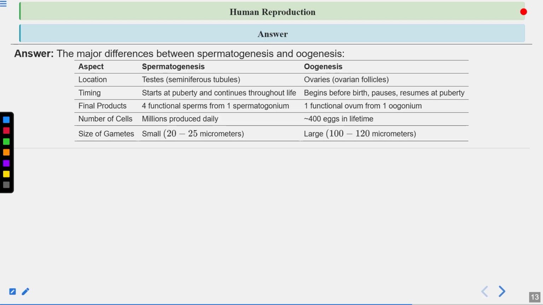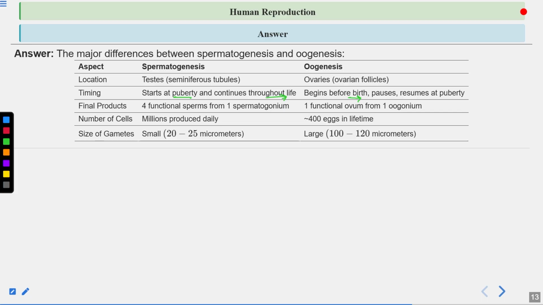Then oogenesis occurs within the ovaries, and follicles are formed within the ovaries. Spermatogenesis starts at puberty and continues throughout life, so sperms are even produced in an old man. Oogenesis begins before birth, in the prenatal stage.